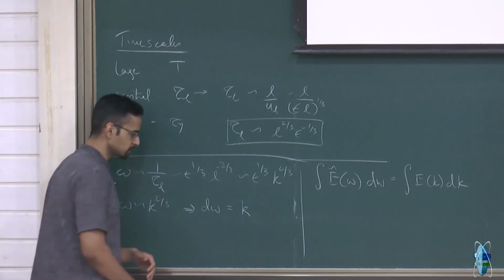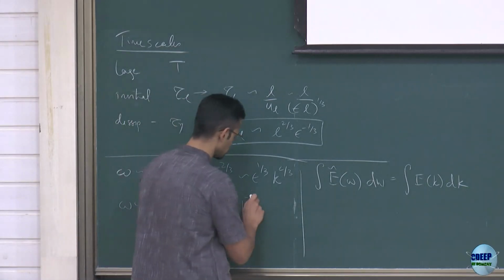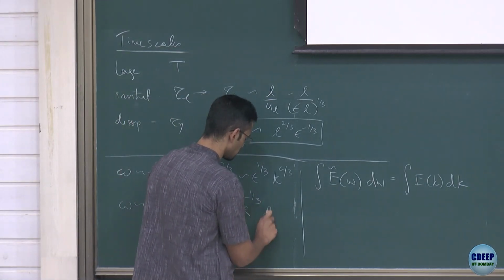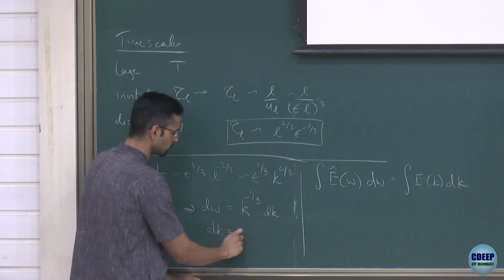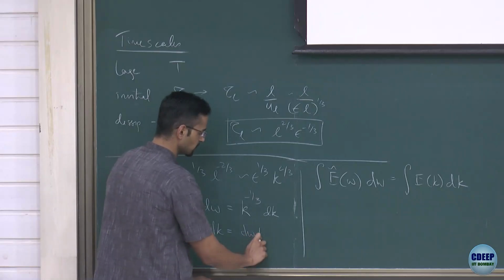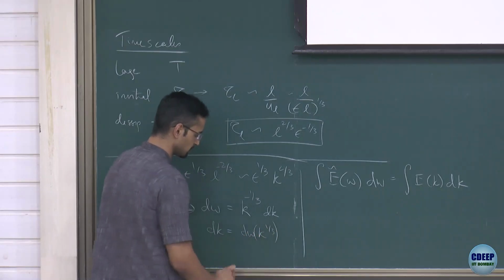Minus 1/3? Correct. So therefore, dk is equal to d omega times k to the 1/3.